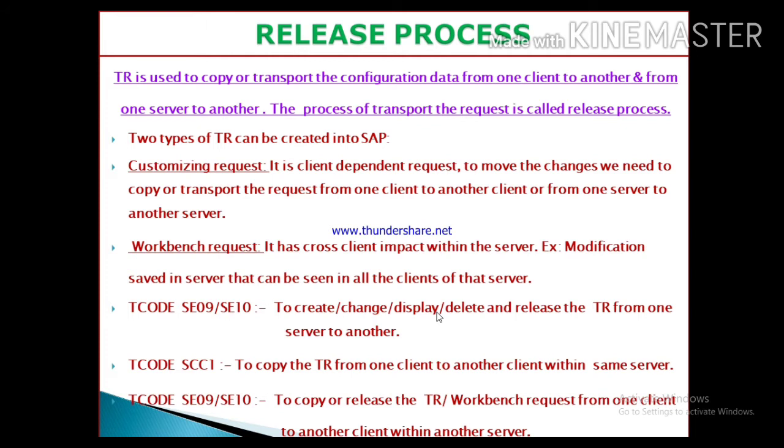To move the changes, we need to copy or transport the request from one client to another client or from one server to another server. Because in a customizing request, whatever changes we make, we can copy from this transport request to another client or another server by copying that transport request.